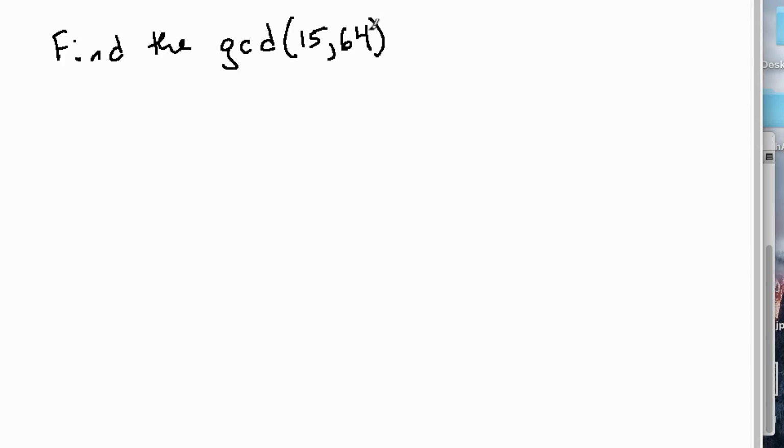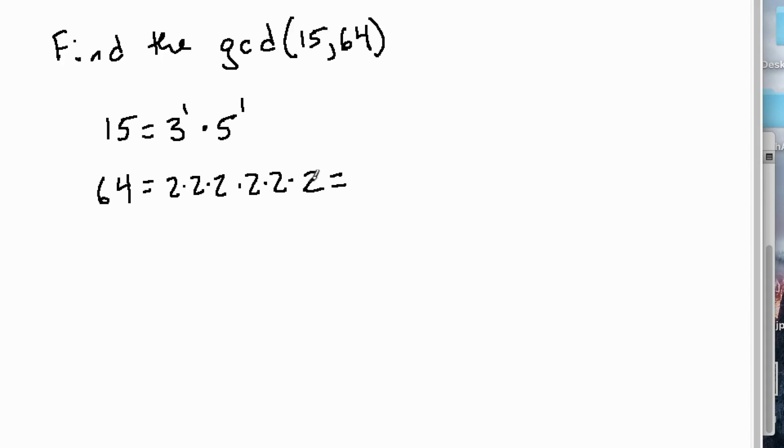Now, 15 is equal to 3 to the first times 5 to the first. And 64, let's see, 2 times 2 is 4, times 2 is 8, 16, 32, 64, 1, 2, 3, 4, 5, 6, is equal to 2 to the sixth.